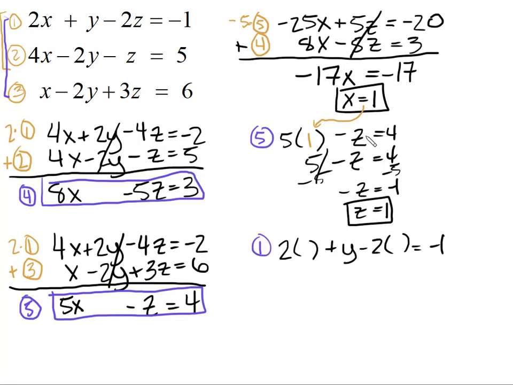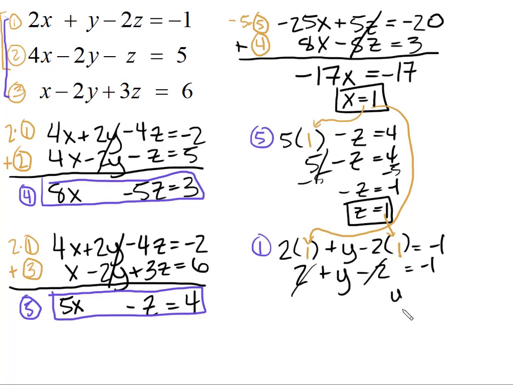And so we're substituting in our values. We're going to plug in 1 for x and 1 for z. I know I'm creating lines everywhere. You don't need to do this on your paper. It's just hopefully so you figured out where those values came from. 2 times 1 is 2 plus y. Negative 2 times 1 is negative 2. Combining our constants on this side, actually 2 and negative 2 make 0.